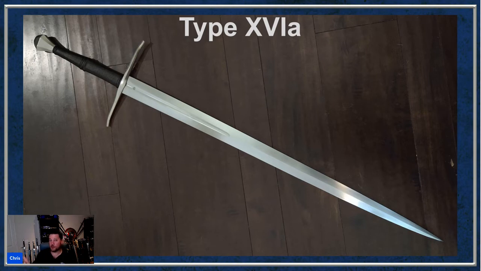And again, if anybody else has better knowledge on that, let me know. From what I've read, he's all over the place with that. So it's not an exact science, and I think everyone who has studied the typology for a while knows that, including Oakeshott himself. He said it's not exact, it's just a rough estimate.